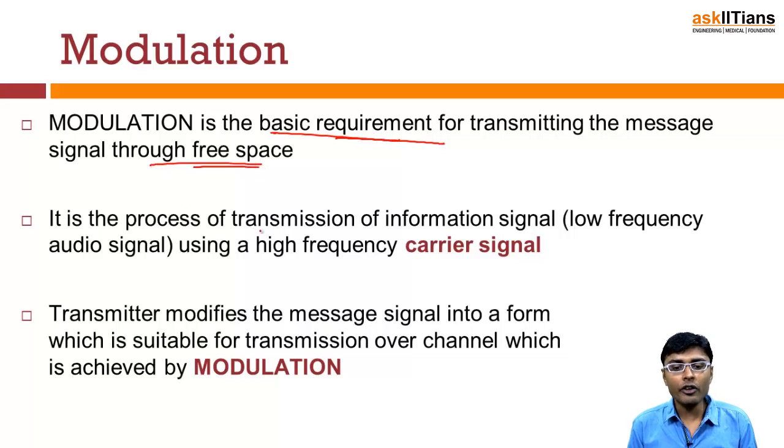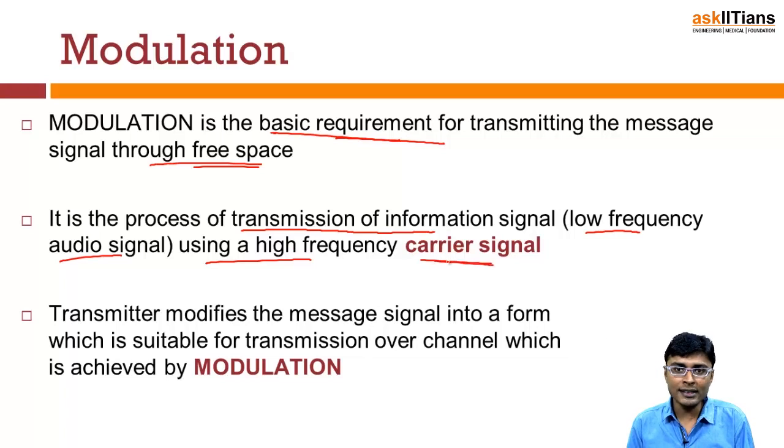It is the process of transmission of an information signal, usually a low frequency audio signal, using a higher frequency carrier wave. That means it is a process by which we send a low frequency signal by using a higher frequency carrier signal.